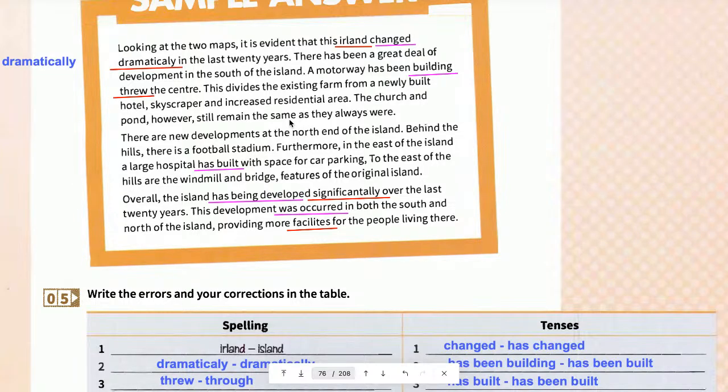Why is that? Why do we need to use the present perfect tense most of the time? Because there are still some remaining things. What is the function of the present perfect tense? When should we use it? When we want to talk about the past to the present.